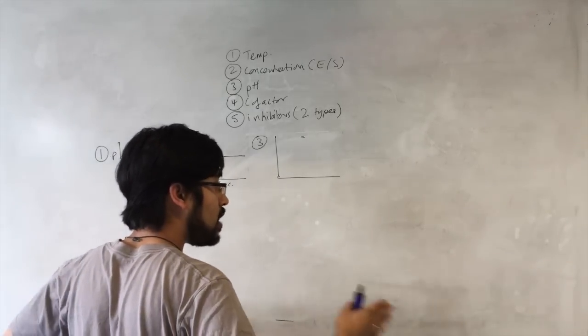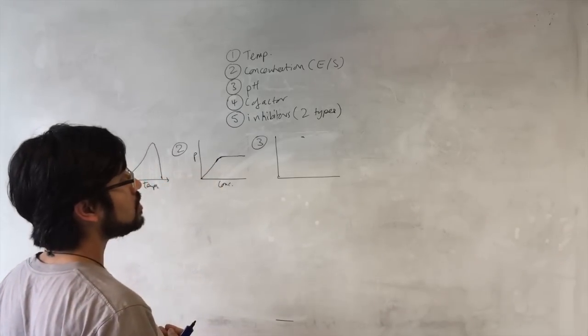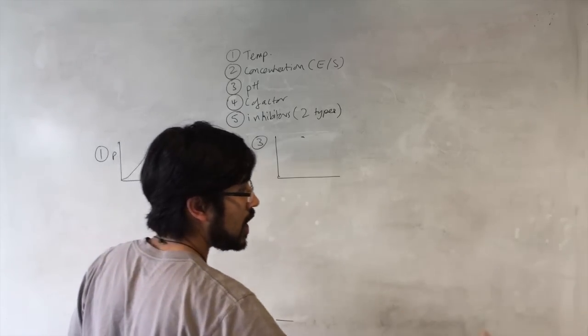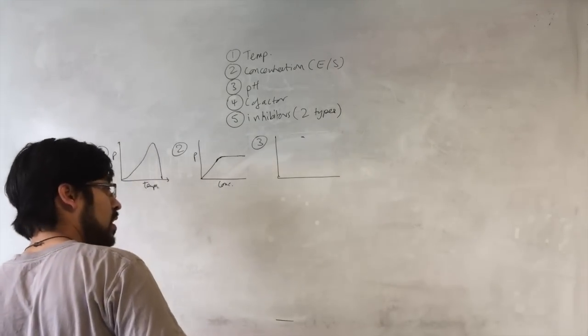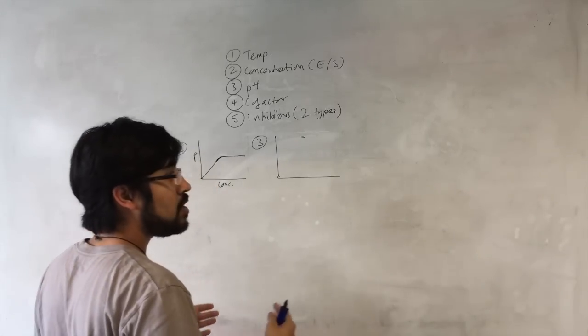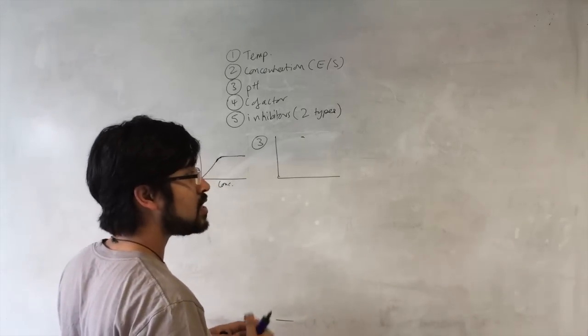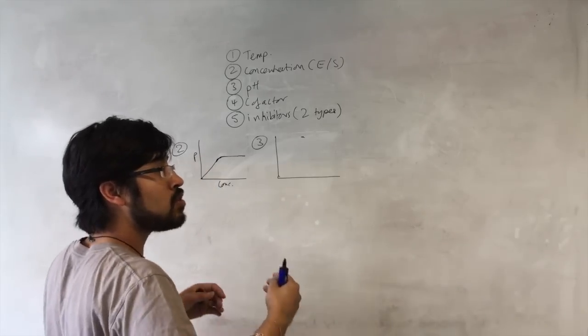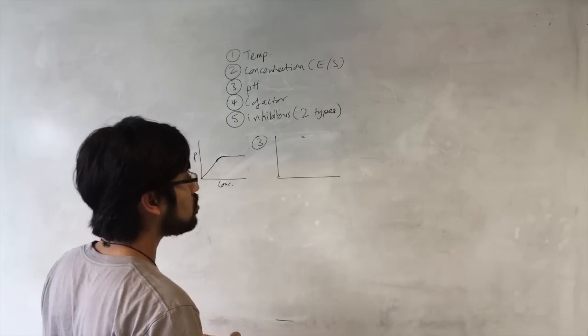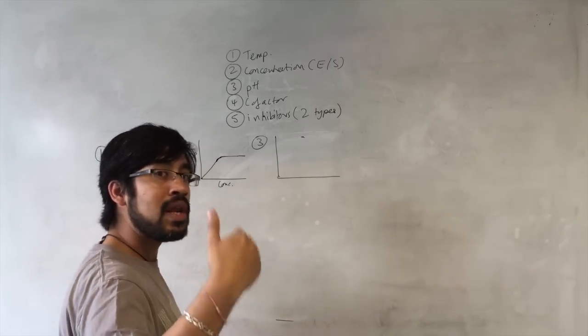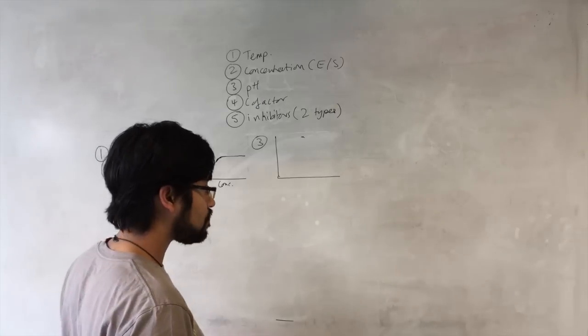But as we go away from that optimum pH, maybe there's too many OH ions, maybe there's too many H plus ions, in which case the tertiary structure is going to be affected, it changes, and so it might be less complementary to its substrate, and therefore there might be less enzyme substrate complex formation.